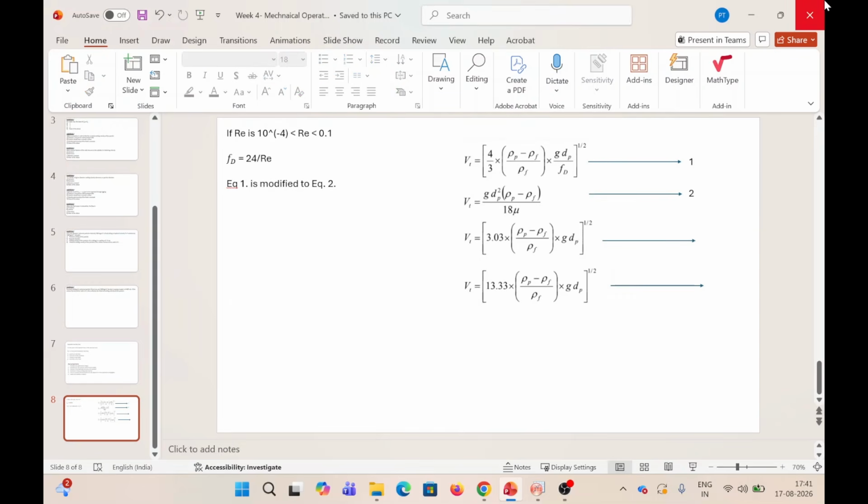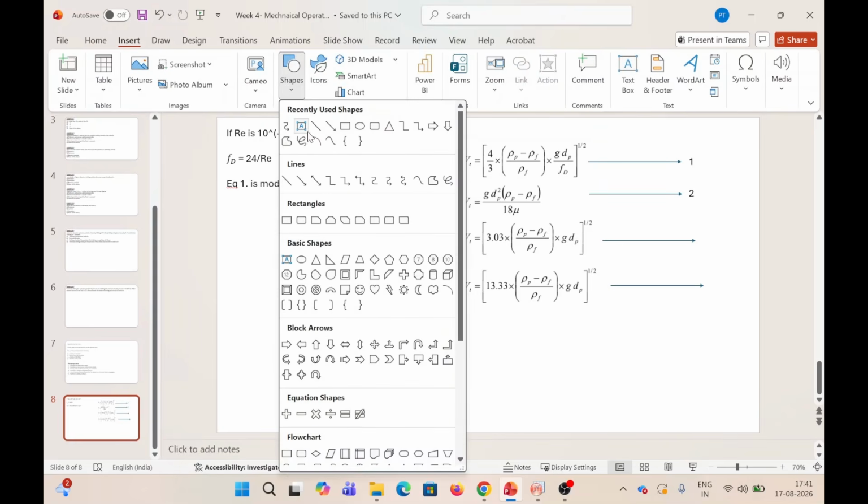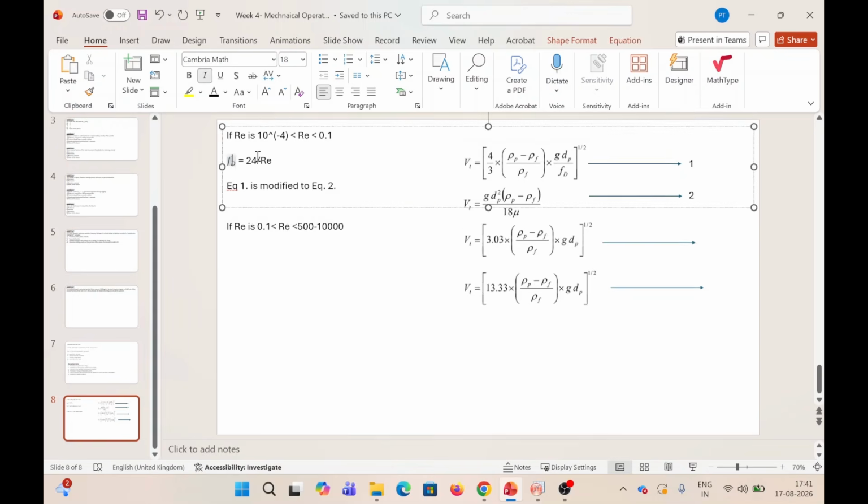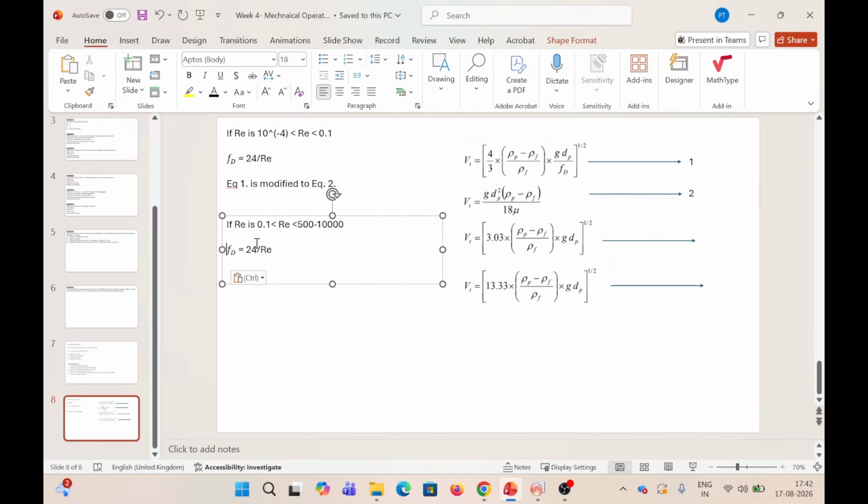Now similarly, this is the next one. If Reynolds number is between 0.1 to 500, then you can write fd, that is your drag coefficient value, as 24 by Reynolds number, the entire value, plus 0.44.